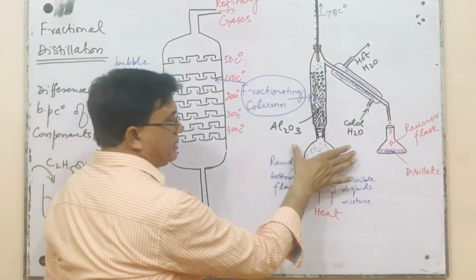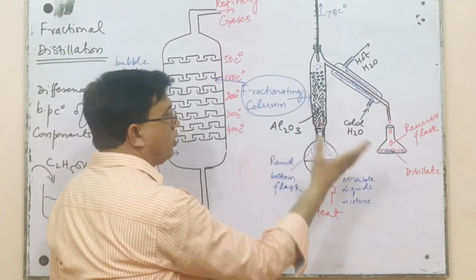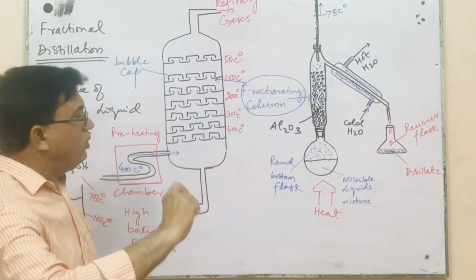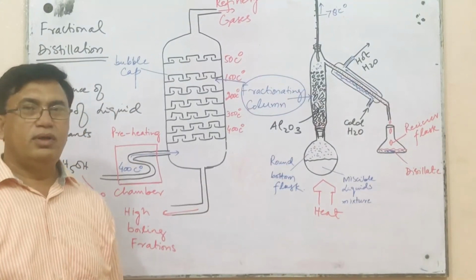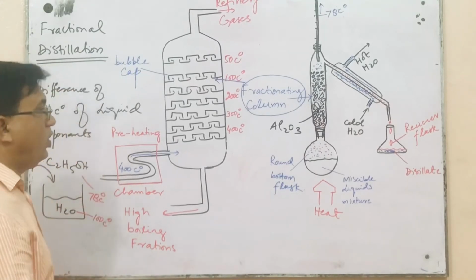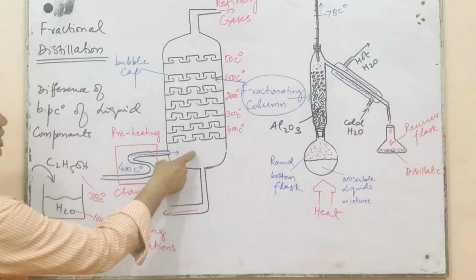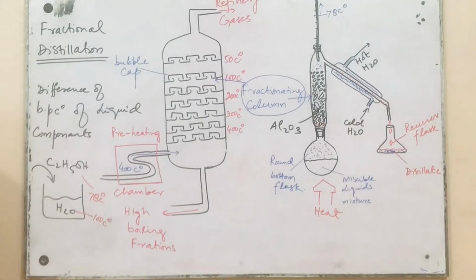This apparatus is a normal college or school laboratory apparatus, which works on a small scale. On the industrial scale, this is also a fractionating column.